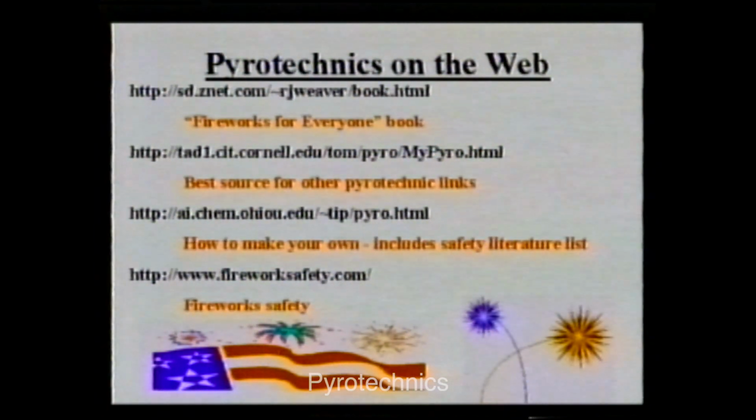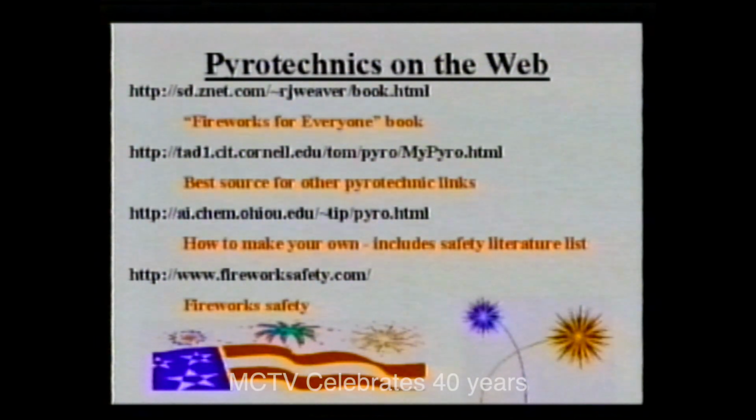There are a number of sites on the internet where you can find excellent information on pyrotechnics. These are just a few of the better, including one on firework safety. Be careful of what you see on the internet, of course. Some things have a much better quality than others, and some refer to things that are quite likely illegal here in Michigan.